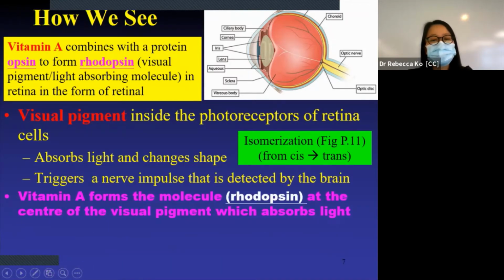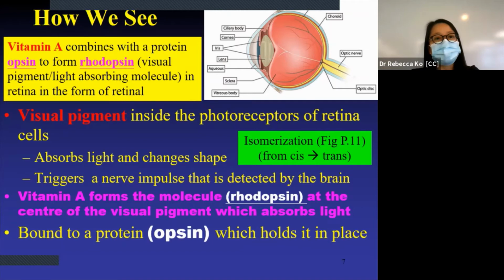And so the vitamin A forms the molecule, the rhodopsin. Do you remember this? That is the visual pigment, the light absorbing molecule in the photoreceptor. And after it absorbs the light, it will generate a nerve impulse and then send it to the brain.